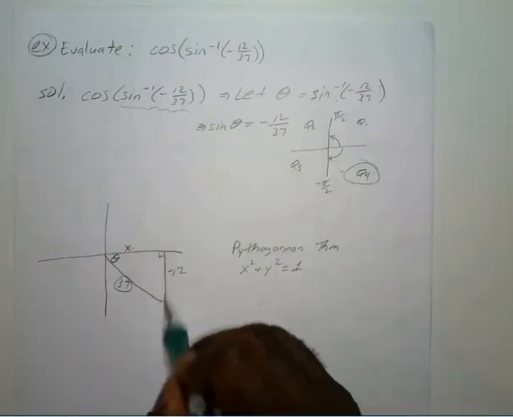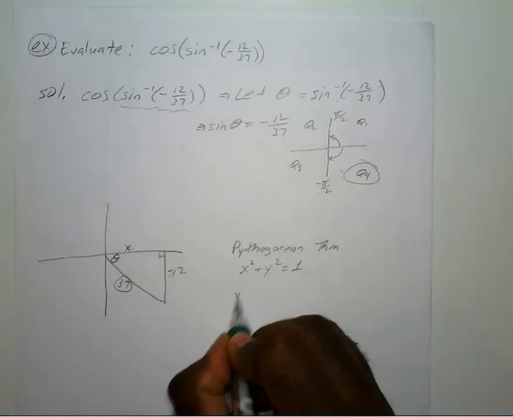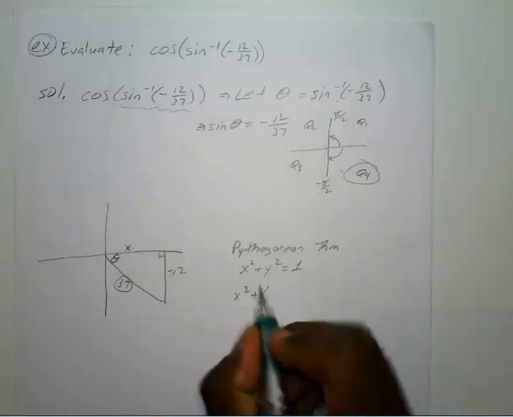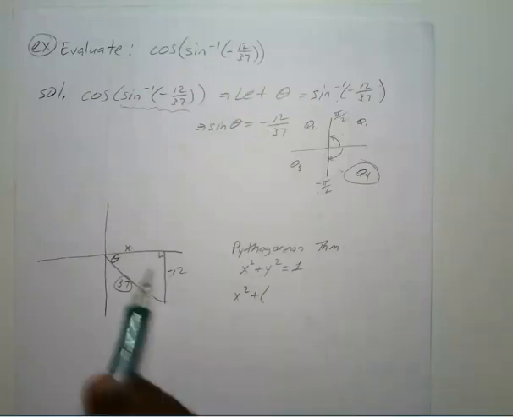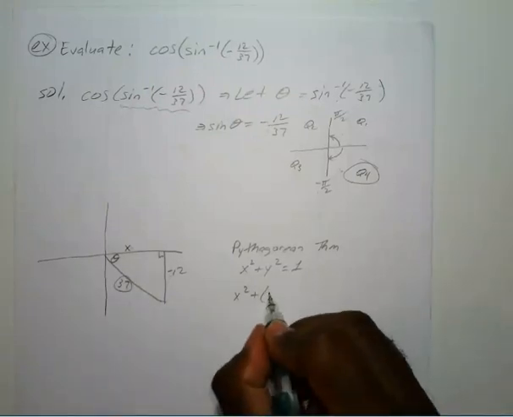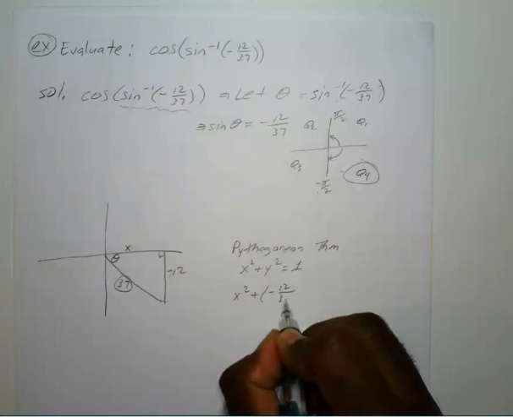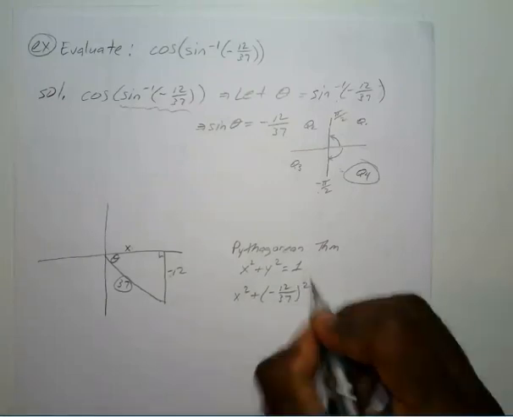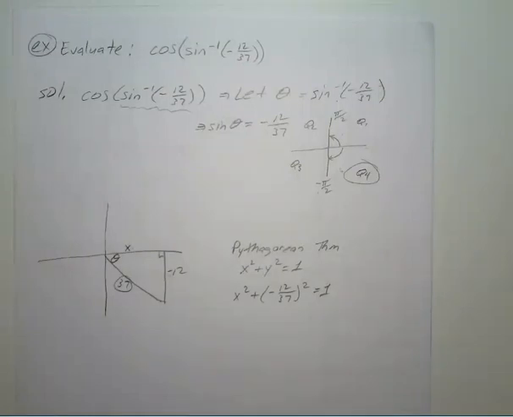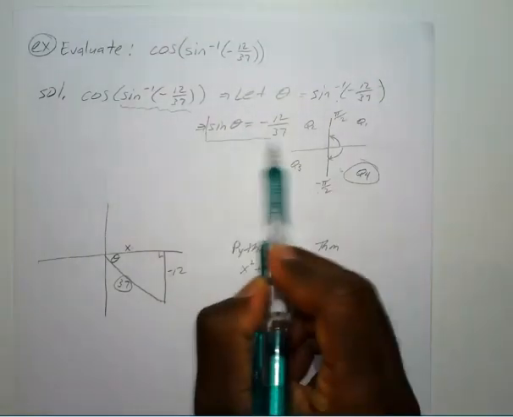So we know that our y is negative 12 over 37. So we have x squared plus negative 12 over 37 squared is equal to 1. Because remember, that's our sine of theta.